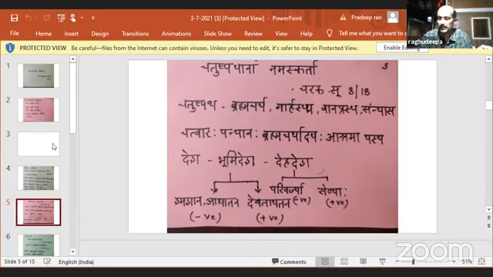And after a certain age, he should go to a forest along with his wife, and he should not construct a building or house there; whatever is available, he should eat and live. That is called Vanaprastha. And sannyasa means the last stage of life, where everything is considered nashwara, and the person is concentrating only on moksha. So that is called sannyasa.